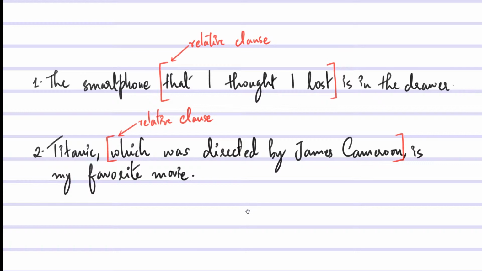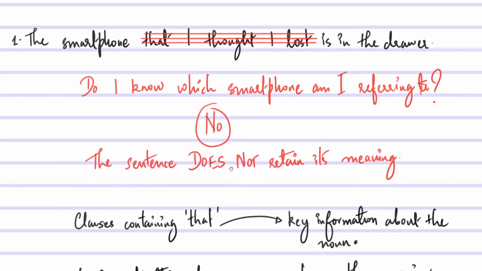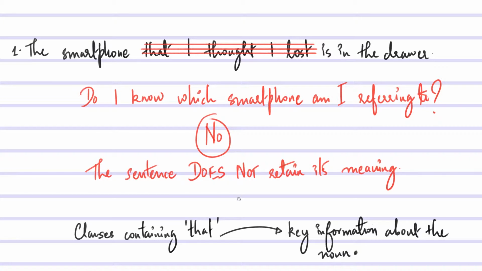And the final step, I want you to try each sentence but by cutting the relative clause out of the sentence. Just check whether the sentence still retains the meaning or not. So if we do that in the first example, the resulting sentence becomes, the smartphone is in the drawer.